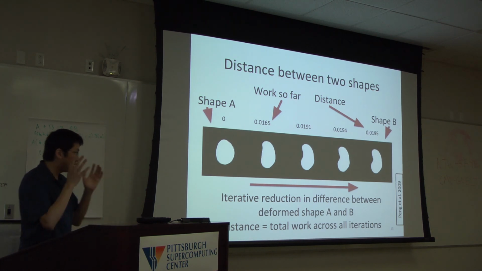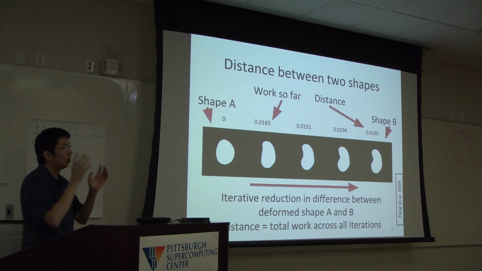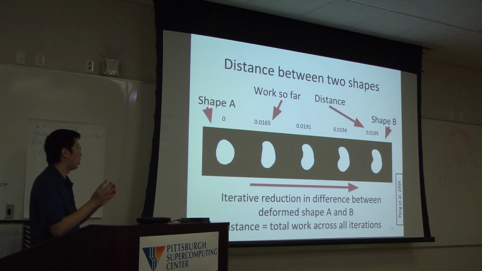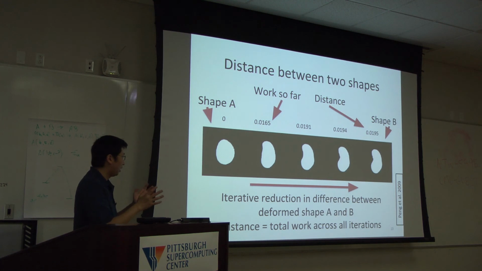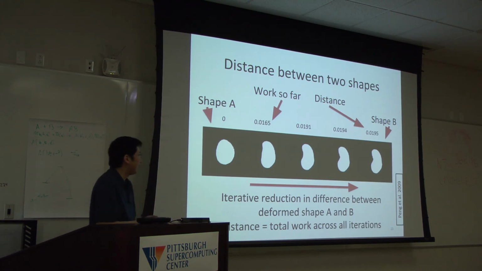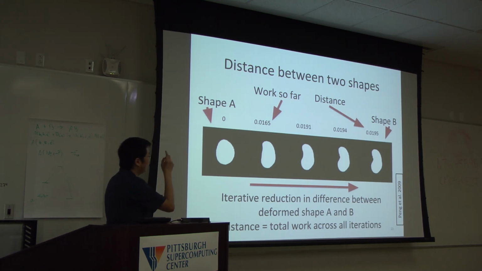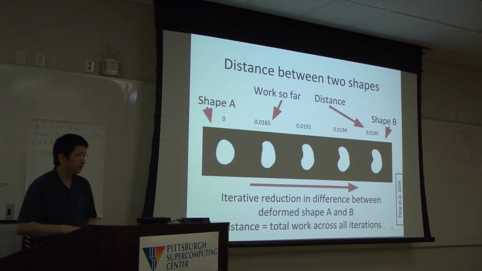And in every iteration, we can assume we need to do some work to change the shape. And then we can define our quantity, distance, as the total work that we need to do across all the iterations.